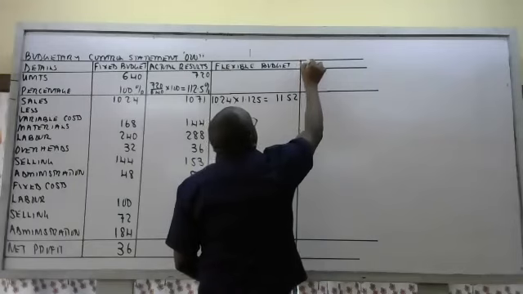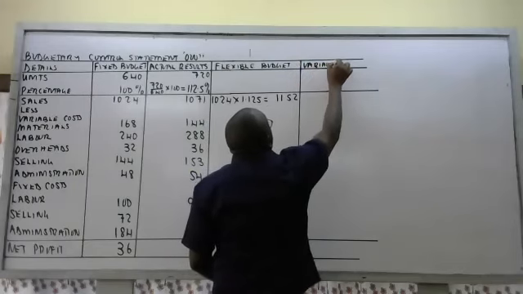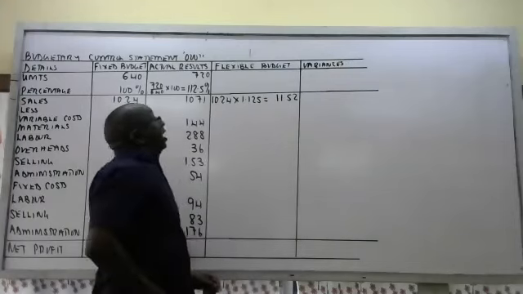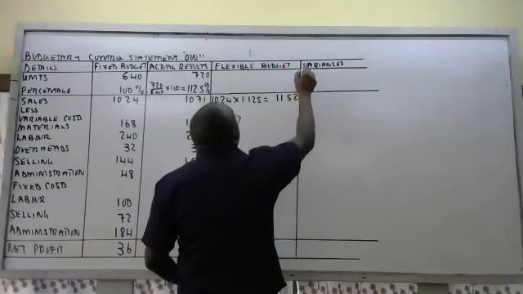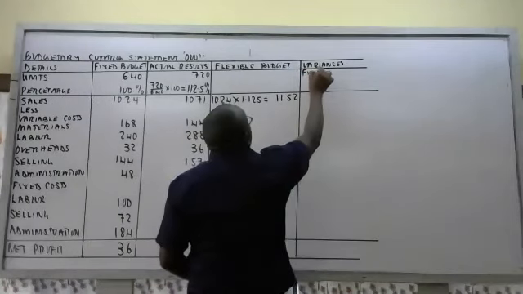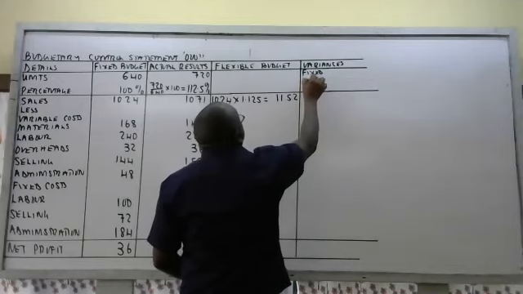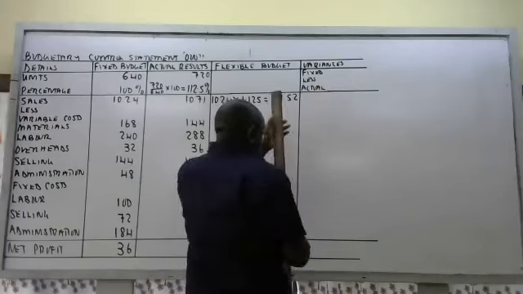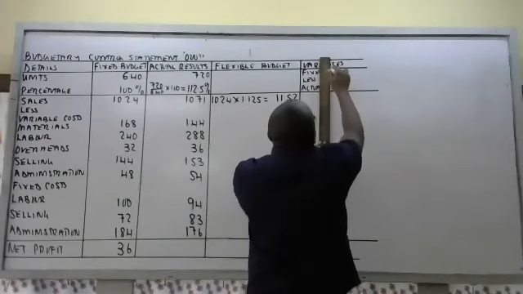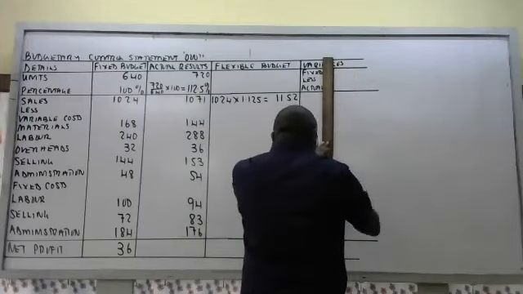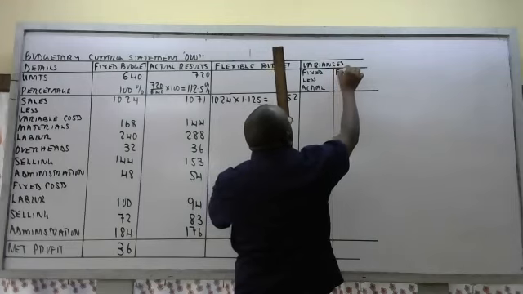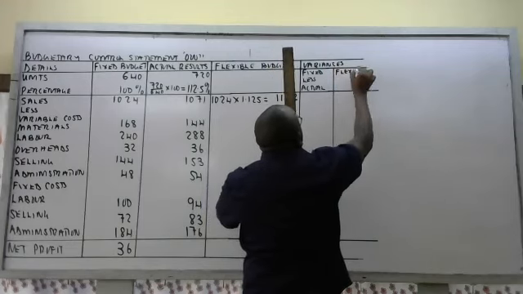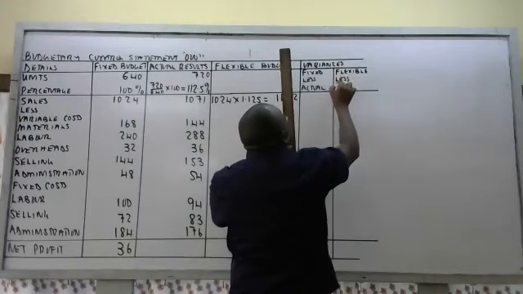We need to have variances here. And these variances, we will have the fixed less actual. That is how the first ones will be arrived at. Zitakuwa na workings mingi. Then hii ingine itakuwa flexible less actual.